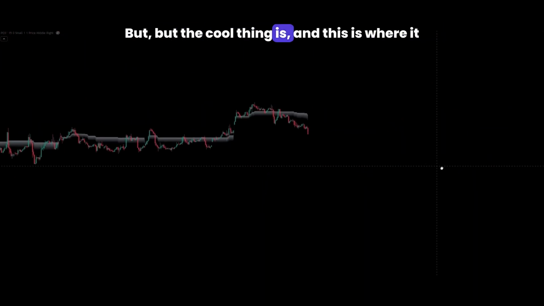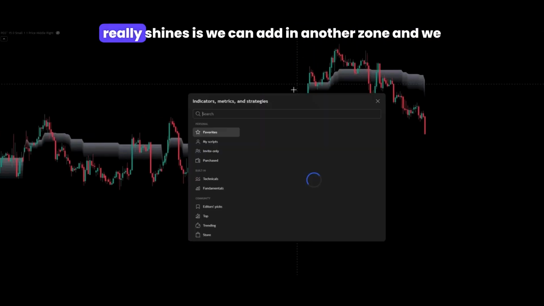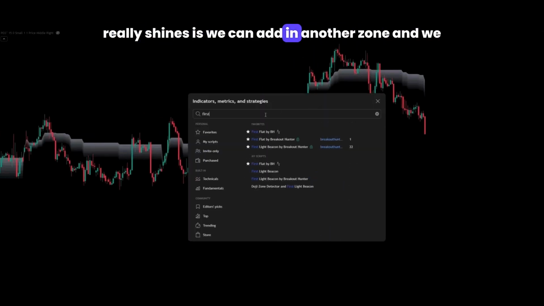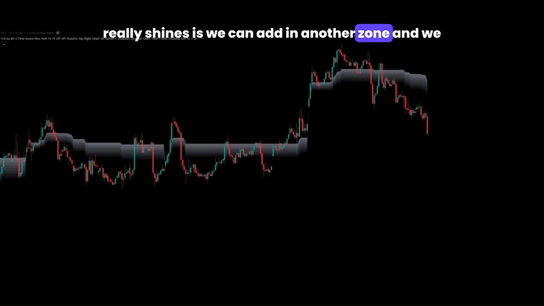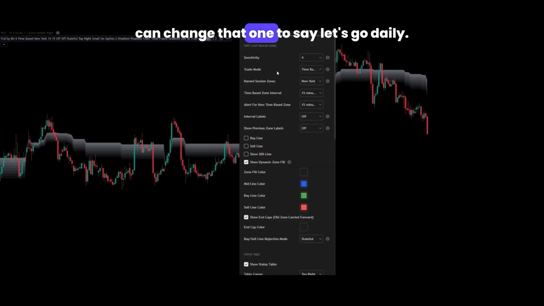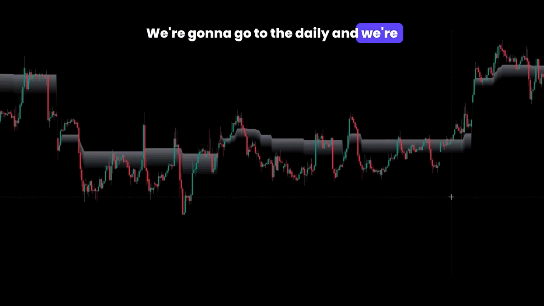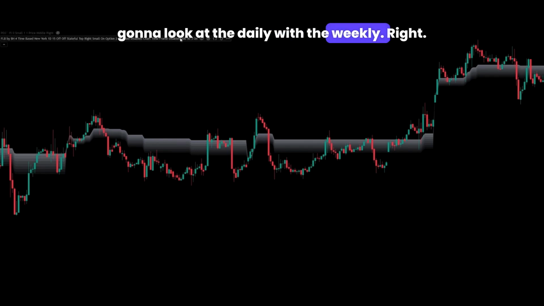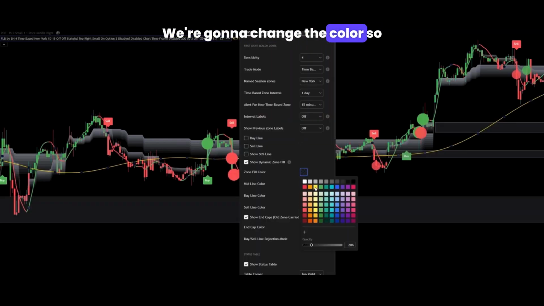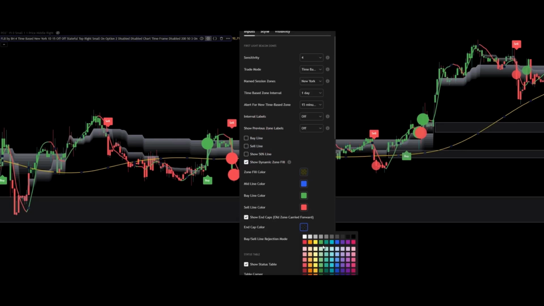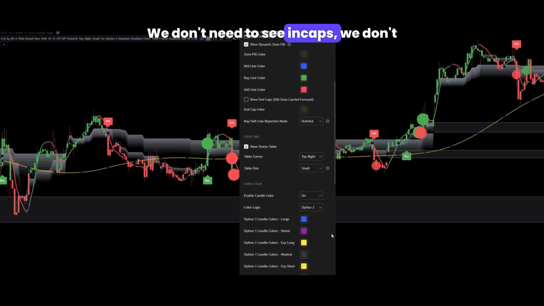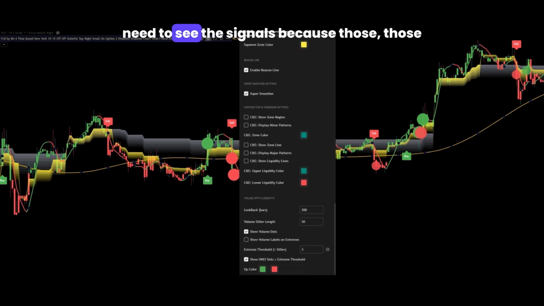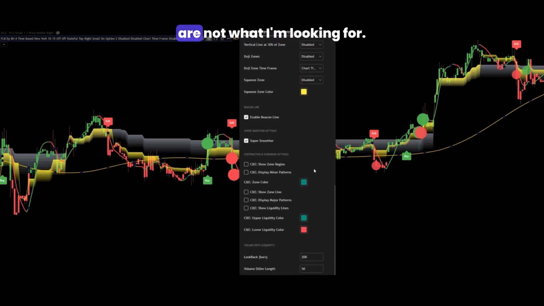But the cool thing is, and this is where it really shines, is we can add in another zone. And we can change that one to, say, daily. We're going to look at the daily with the weekly, right? We're going to change the color so we can see the difference. We don't need to see end caps. We don't need to see the signals, because those are not what I'm looking for.